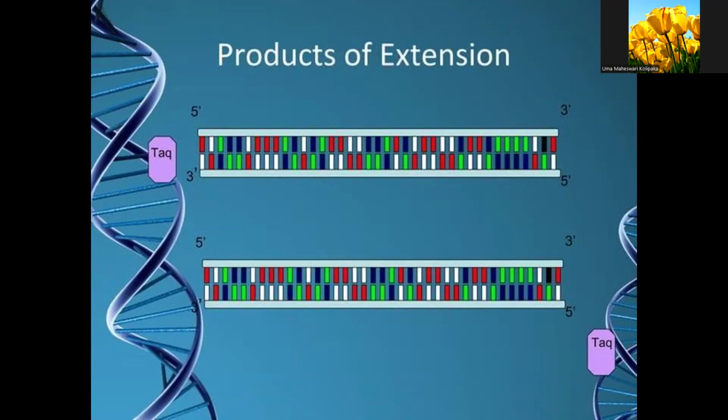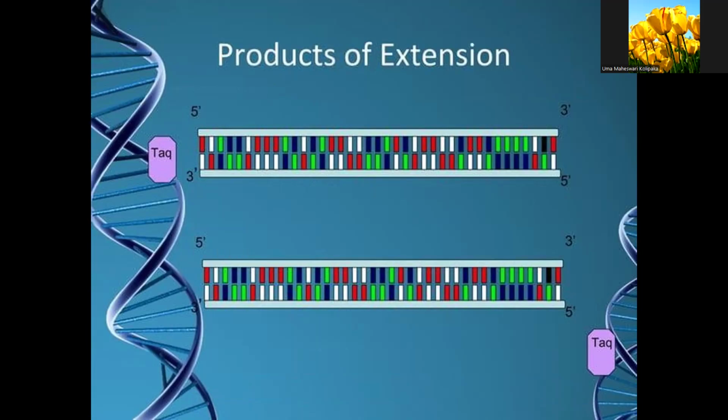So, first of all, we have taken the requirements, that is Taq polymerase enzyme, nucleotides, primers, and the already existed desired DNA fragment or desired small genes, a small portion of the double-stranded DNA. These are all the things, along with a small amount of buffer solution, that we are taking in the thermal cycling machine.